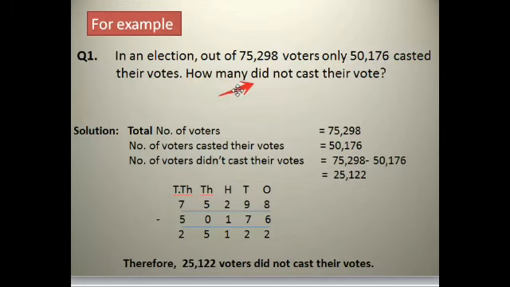Now, we have to find how many did not cast their votes. In an election, out of 75,298 voters, 50,176 casted their votes, and we are finding those who did not cast their votes.